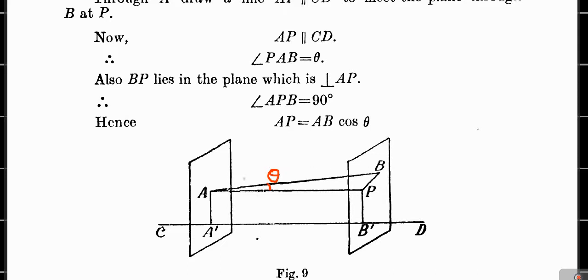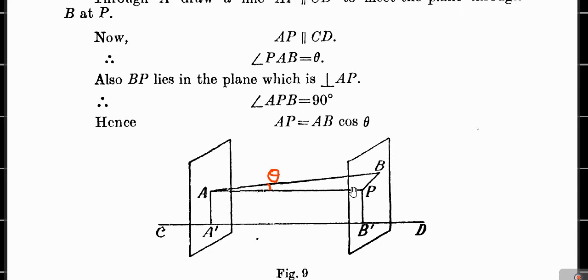Next, this line AP is perpendicular to this plane, and we know that a line perpendicular to a plane is perpendicular to each and every line lying in that plane.